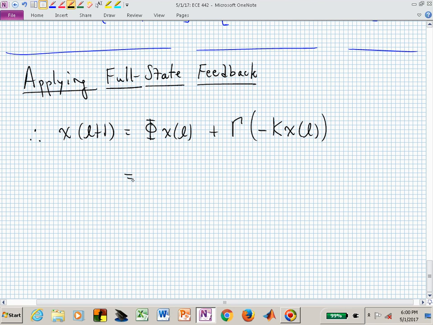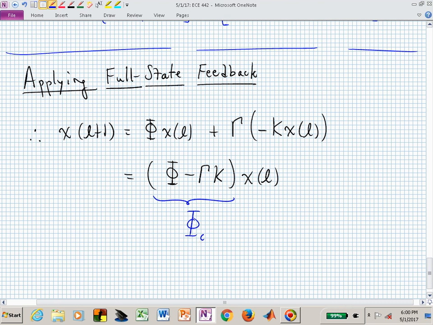Or factoring out the state vector from those two terms, we now have phi minus gamma K times x of k, so that this resulting matrix, everything is now known.